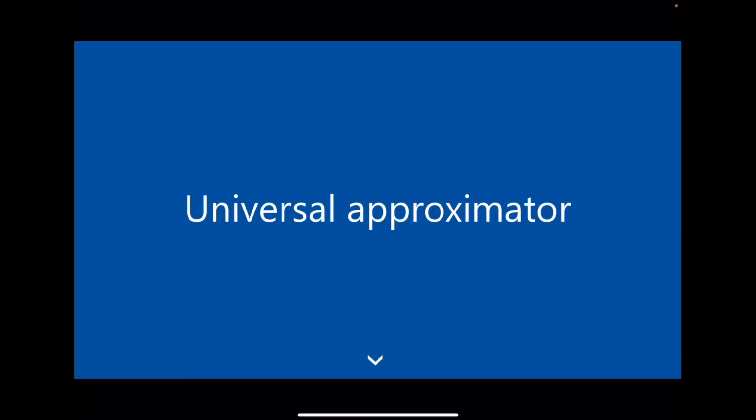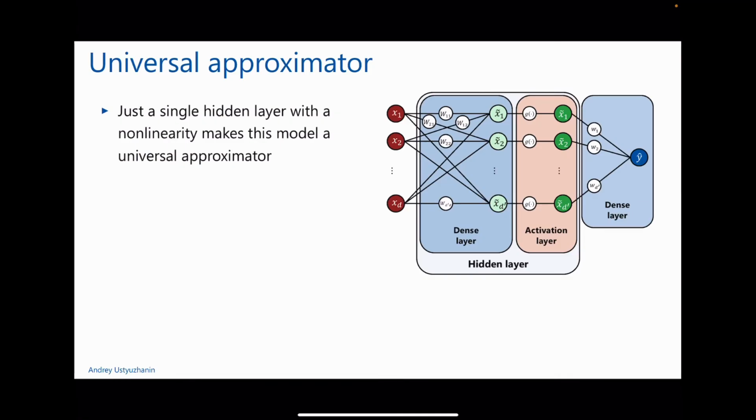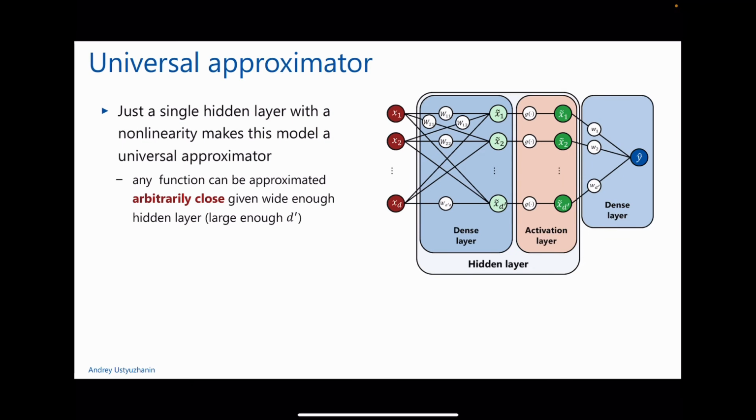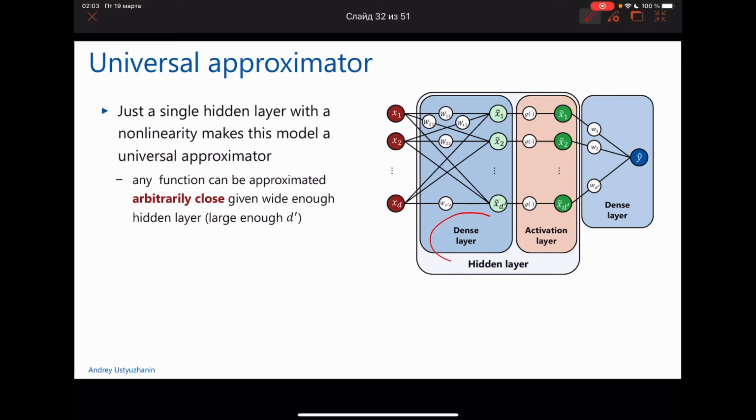So a combination of linear layers and nonlinear functions allows us to build a much more powerful set of approximators. There is a mathematical notion of a so-called universal approximator that essentially is a combination of those two layers: a dense layer connected with an activation layer that we annotated as a hidden layer before.